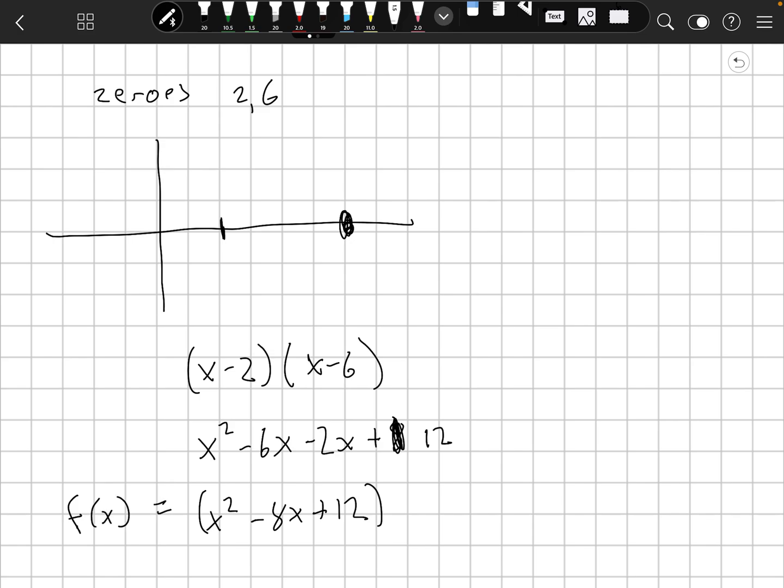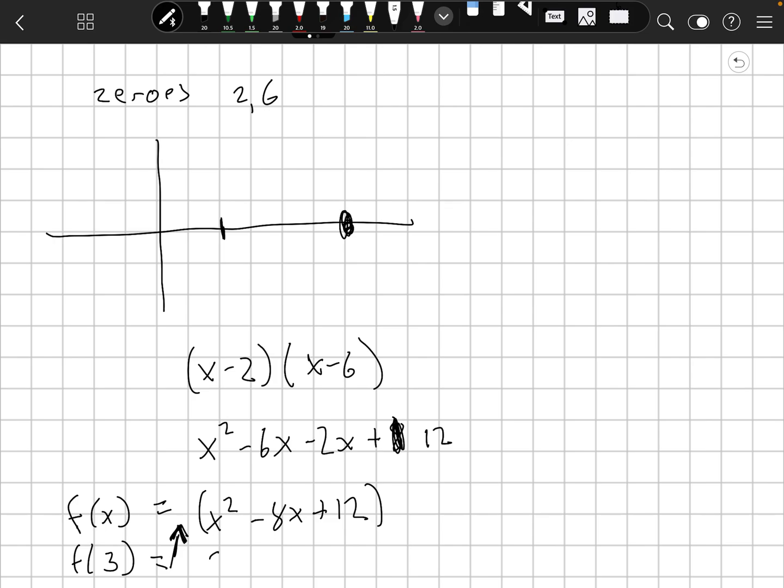Now there's only one thing that might change about this, and that is your number right out front here. That could change things a little bit, but not a whole terrible lot. So that kind of gives you an equation to work with, and now you can plug in numbers. Let's say if you wanted f at 3, you can figure that out.